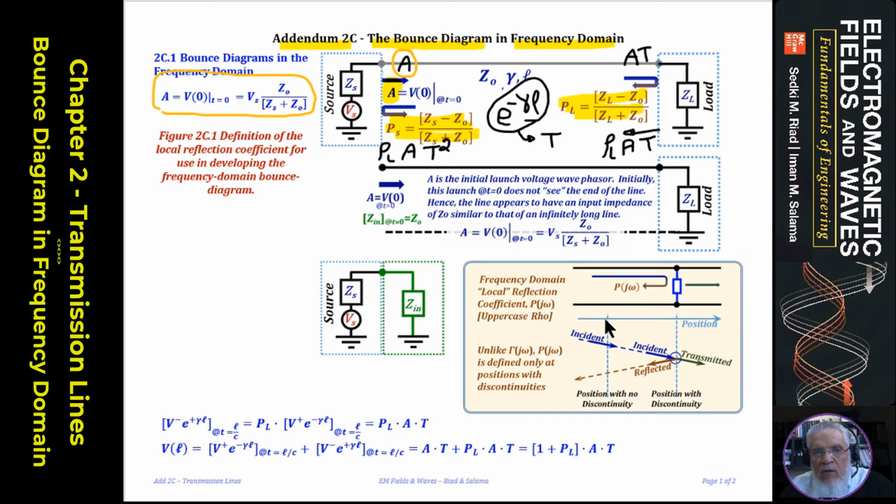As we go in the time domain, which is going to be explained in addendum 2D, you will notice that we are using rho sub L as a lowercase rho. Typically we represent frequency domain terms as uppercase and time domain terms as lowercase. So the rho sub L in the time domain was a lowercase rho. The uppercase rho sub L here is the frequency domain one.